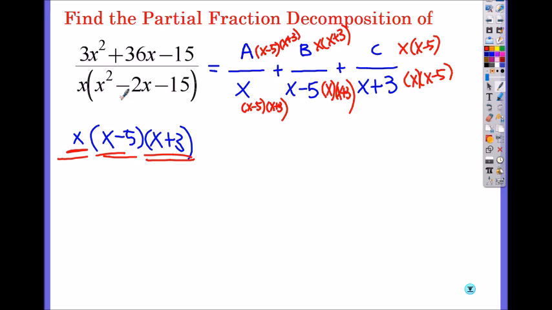When you multiply these, your denominator becomes what? x times x minus 5 times x plus 3. Right? That's what we were trying to do. We wanted to find the common denominator, which is equal to this, which is equal to that. And what do you do for the top?